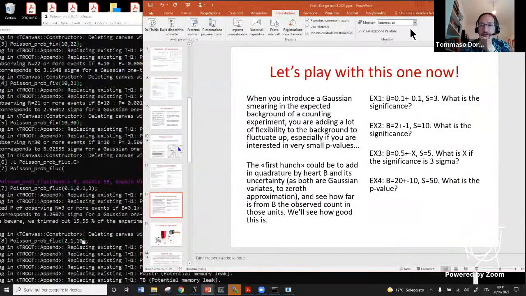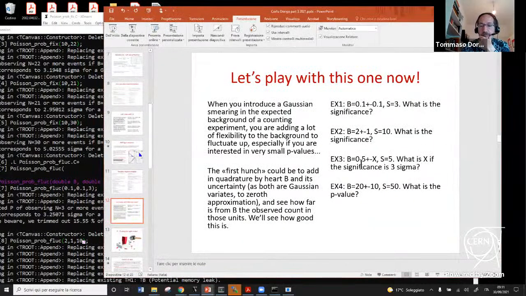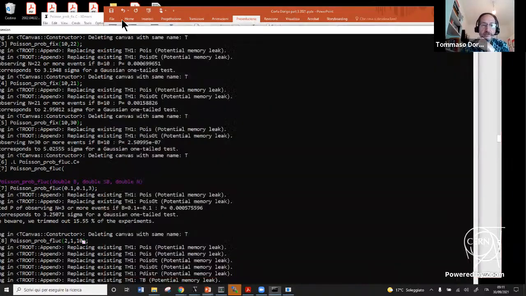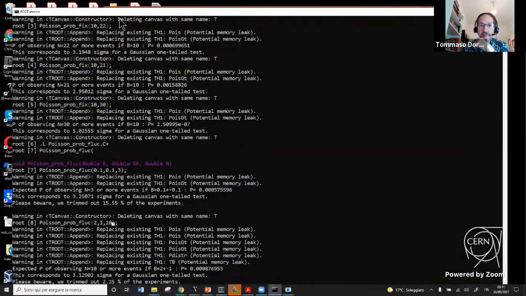So you can play with this also, and you can ask yourself, I have a background of 0.5 events with a certain uncertainty, and I see 5 events. How much do I have to beat down my systematics on B such that the significance of this observation is 3 sigma? Well, this means inverting what the code does, but we can try.